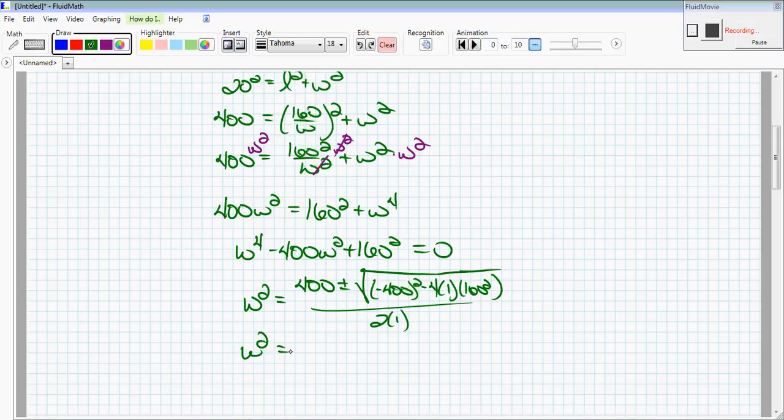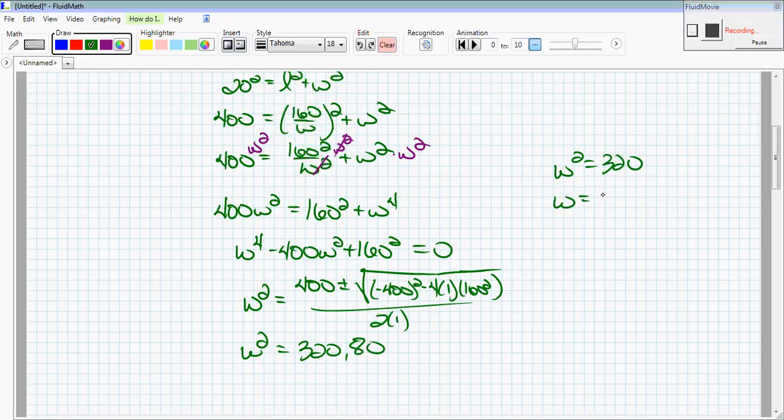And when you do that, I'm just going to use my calculator and the program we've written for the quadratic formula. A value of 1, B value of negative 400, C value of 160 squared gives us 320 and 80. So W squared equals 320.